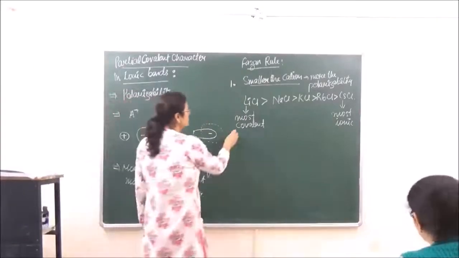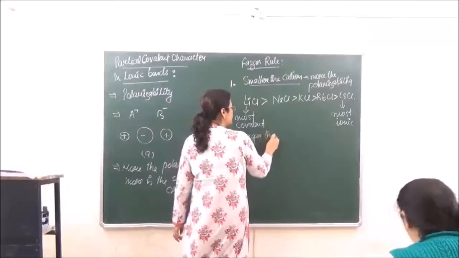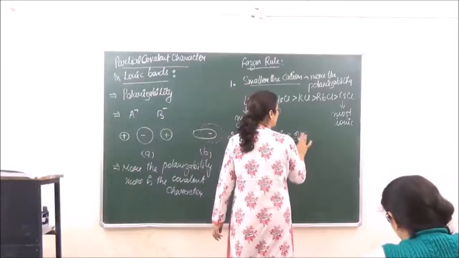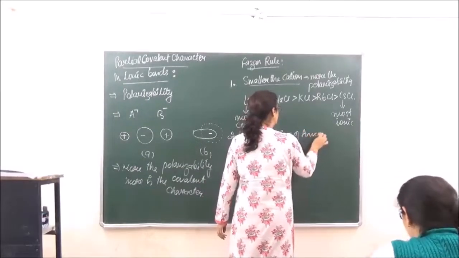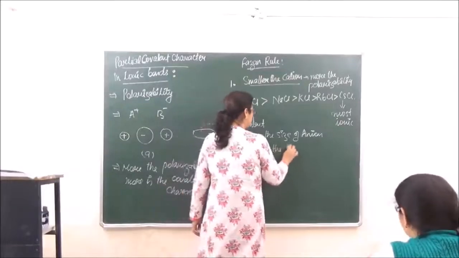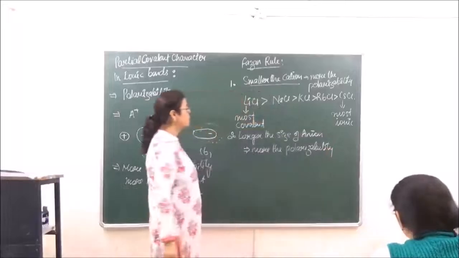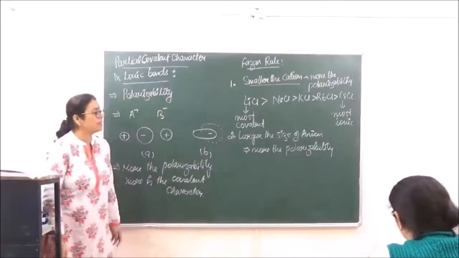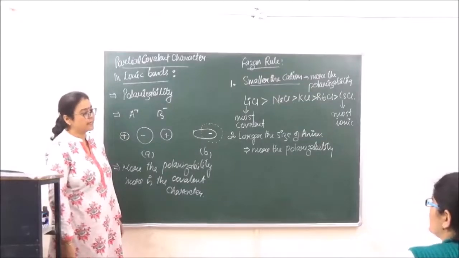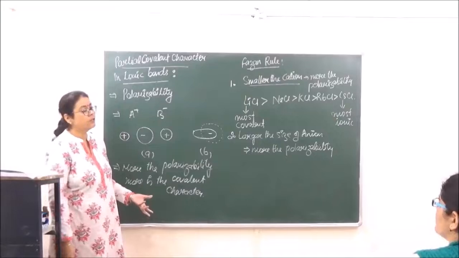Then second, the larger the size of the anion, the more is the polarizability. If the size of the anion is larger, it will be more effectively distorted by the cation because it is in greater reach of the nucleus of the cation.